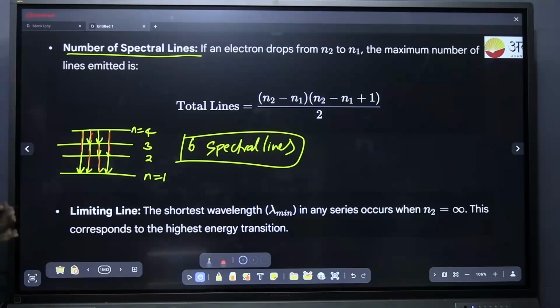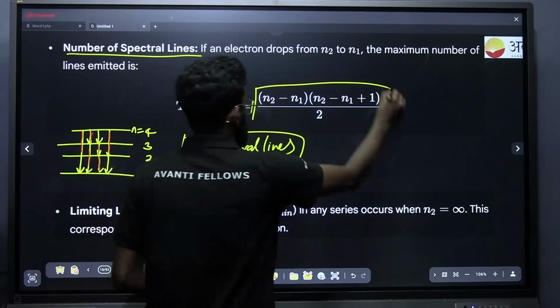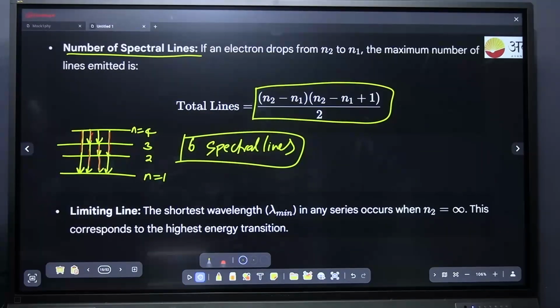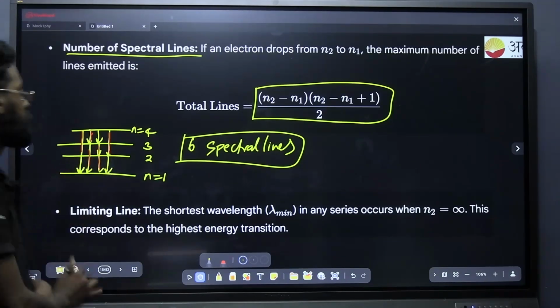Finding the spectral lines by using this method is very difficult. So we have an equation to find out the total spectral lines, that is (n2 minus n1)(n2 minus n1 plus 1) divided by 2. Now we can verify that also.